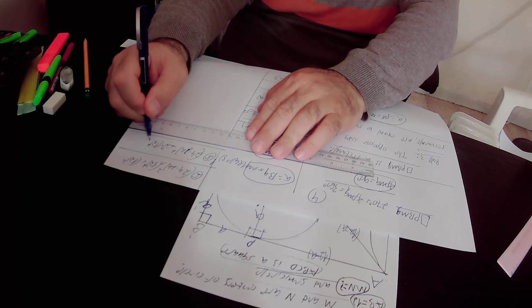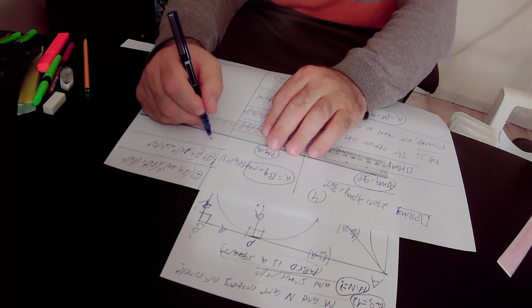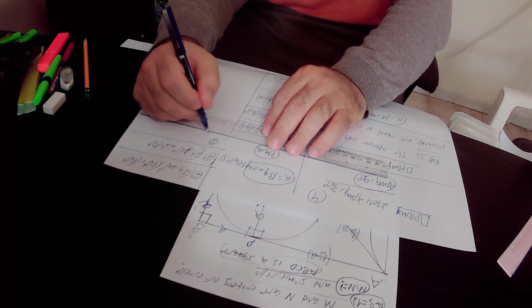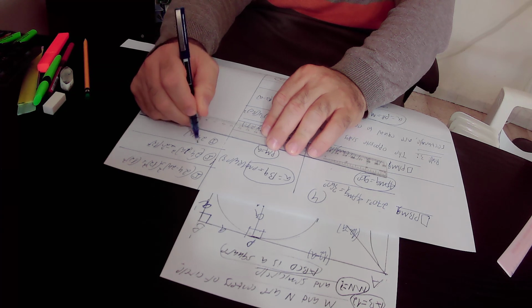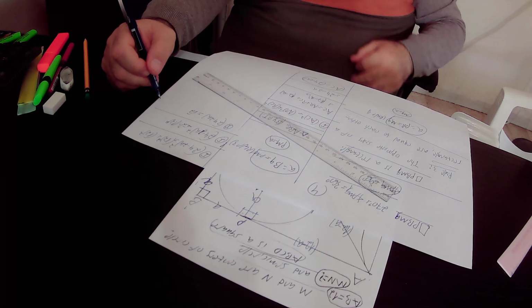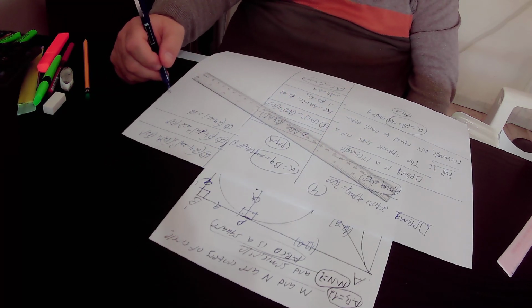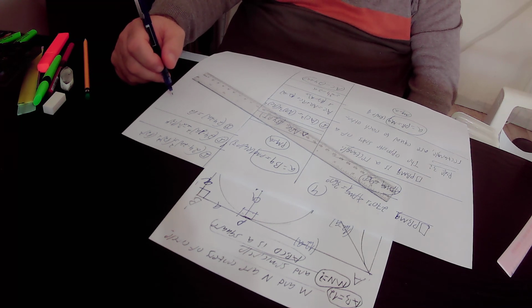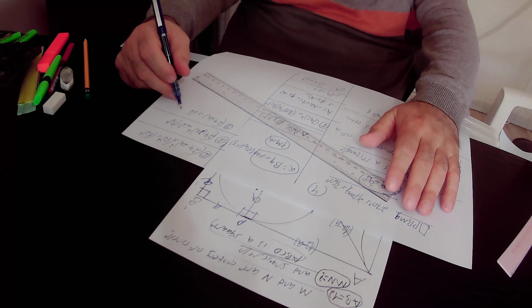Here we take the root of this equation and we get that 24 minus 2A equals the square root of 2 times the square root of 12 square, which equals 12. Why? Because the square cancels the root and we are left with only 12.